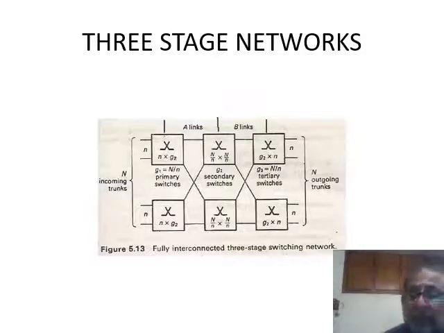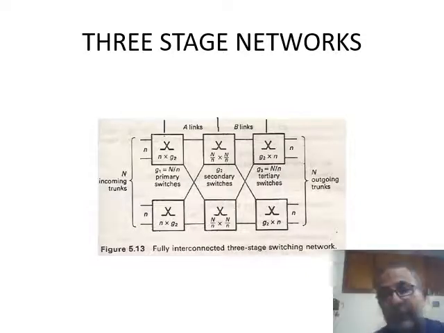On the tertiary stage, how can we find out the number of switches? We've got capital N number of outgoing trunks, and each of the sub switch has small n number of outgoing trunks. And if we divide capital N by small n, we get G3, which is the number of tertiary switches.